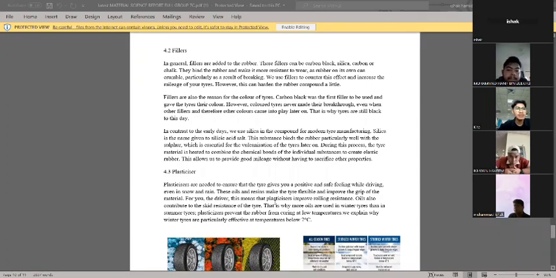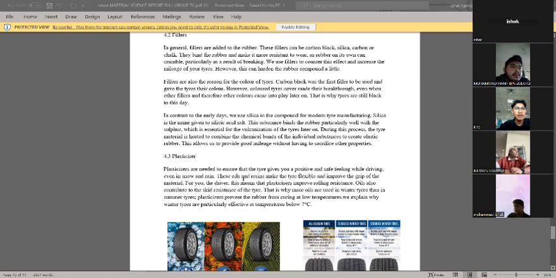Fillers are also the reason for the color of tires. Carbon black was the first filler to be used and gave the tires their color. However, colored tires never made their breakthrough even when other fillers and therefore other colors came into play later on. That is why tires are still black to this day. In the early days, we used silica in the compound for modern tire manufacturing.